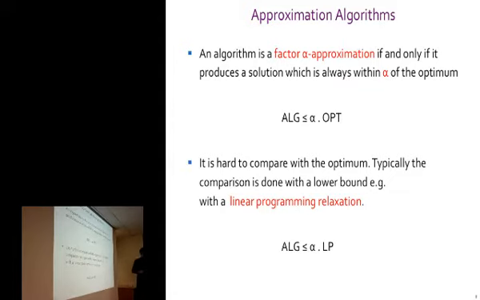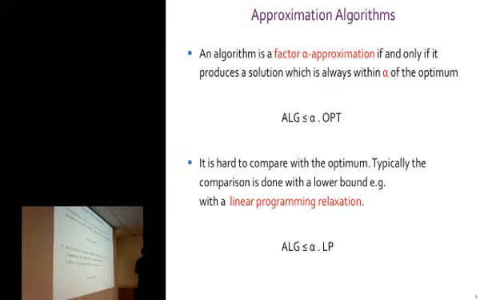Typically, people use the solution of the linear program as a lower bound on the optimum. So if I prove that the algorithm's cost is less than alpha times LP, it would be an alpha factor approximation.